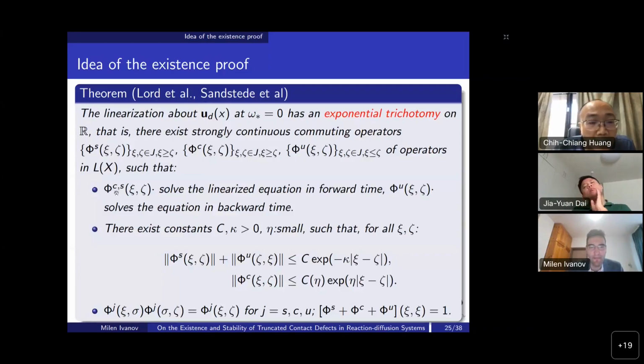Roughly, it means that I have center, stable, and unstable projections and operators, such that the stable and unstable ones decay exponentially in forward and backwards time, respectively. And the center one.